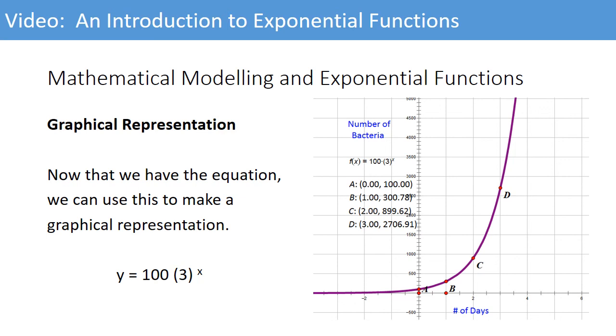And we actually can see now our graphical representation. I've highlighted points A, B, C, and D, as we know what these values are from our table of values. Note that C isn't quite exact. It should have been 2 and 900, and D is the same. It's only because it's hard to be totally accurate when you're positioning points on a graph.